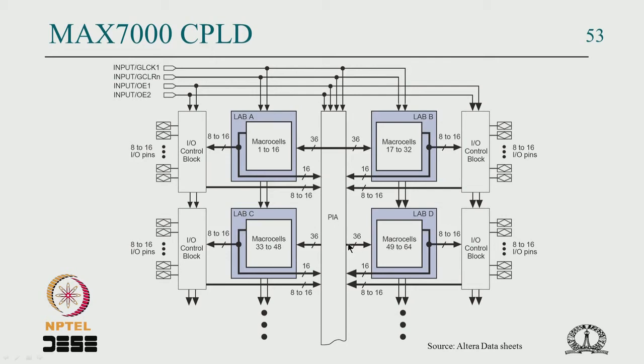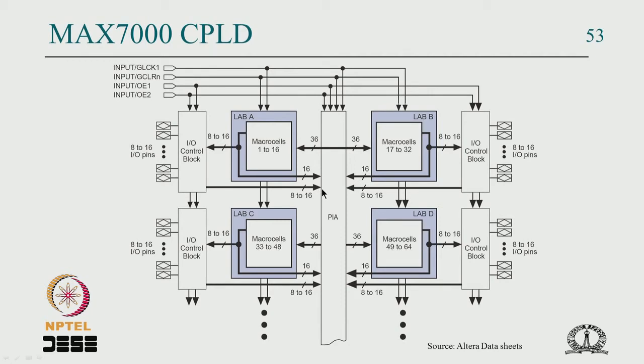Maybe it can go here, here, here, and so on. So all that is available. In addition, not only does the output go to the IO pin and get fed back to the array, you have the IO pin itself acting as input, and that input can come straight as input to this huge switch.